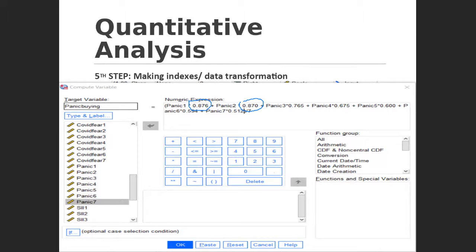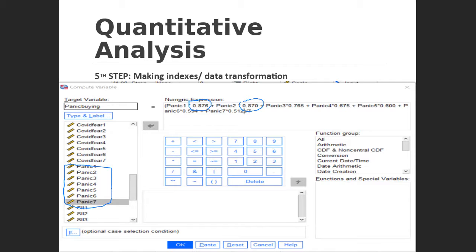And it is very important that whenever you are using a questionnaire, and that scale has multiple items, like narcissism had 9 questions to measure the same concept and panic buying has 7 questions, we need to reduce them to a single value to test the hypothesis.